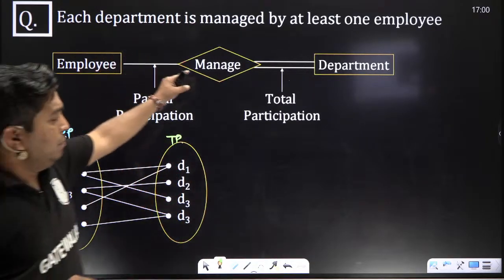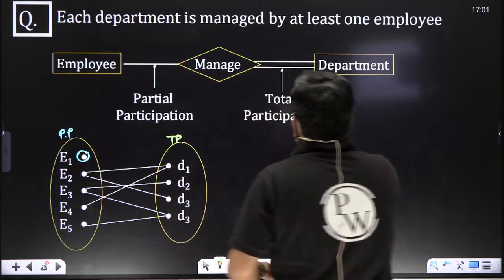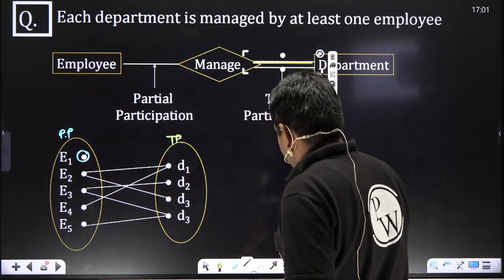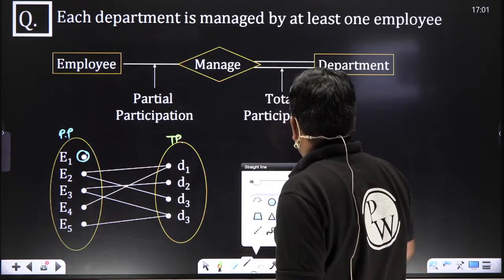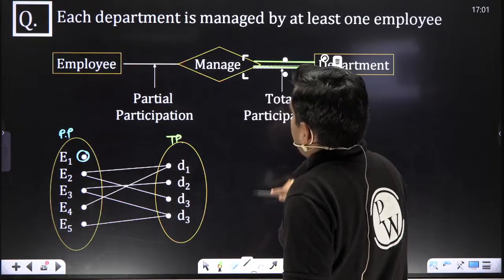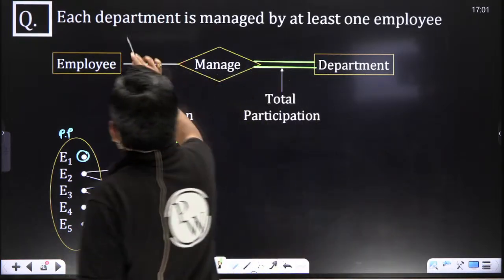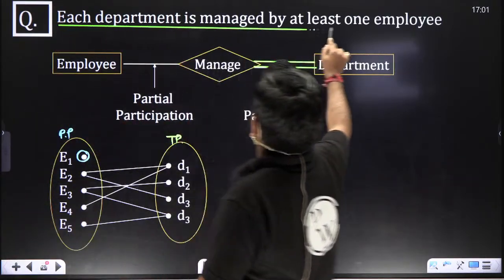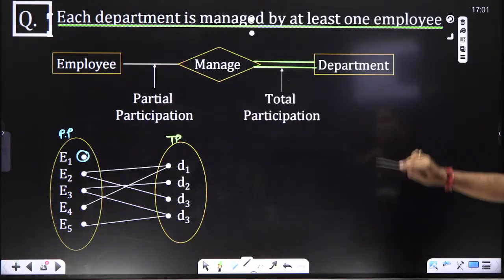Like employee, manage, department. So you can see here, there is a total participation. Each department, what is the question? Each department is managed by at least one employee. You can see here there are 4 departments, and each department is managed by at least one.